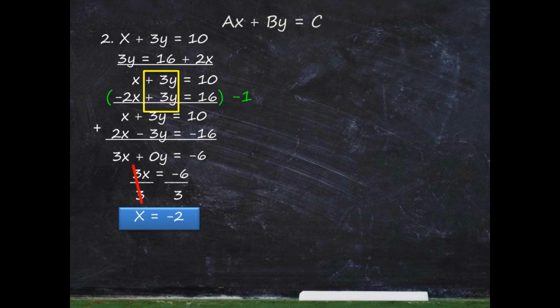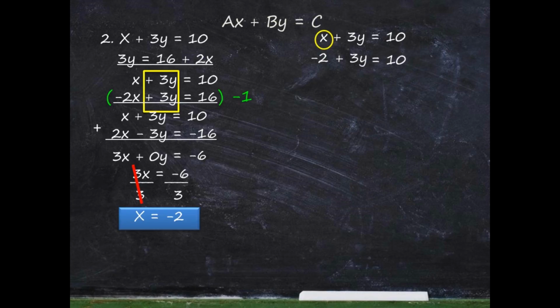Since we already have the value of x, we will simply substitute the value of x in one of the given equations and solve it to get the value of the other variable. We will use the equation x plus 3y equals 10. We will substitute this x with negative 2. So we have our new equation, negative 2 plus 3y equals 10.